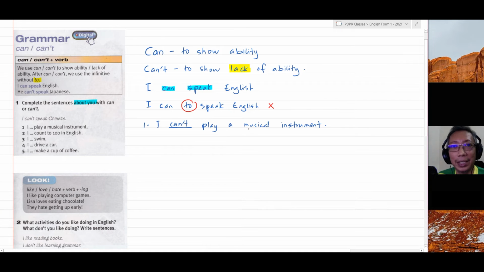I can play a musical instrument. Okay, this is the meaning of about you. Answer number 1 until number 5. Can or can't depends on you. Okay, please copy all these sentences and put in can or can't into your exercise book. Okay, that is the end of part 1.